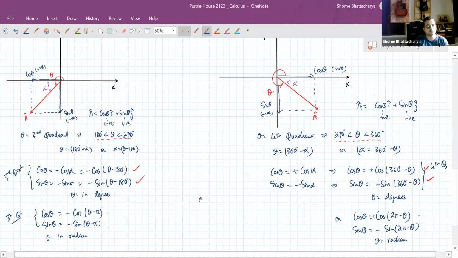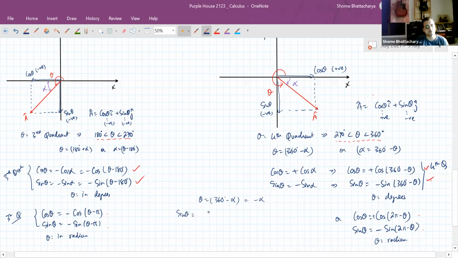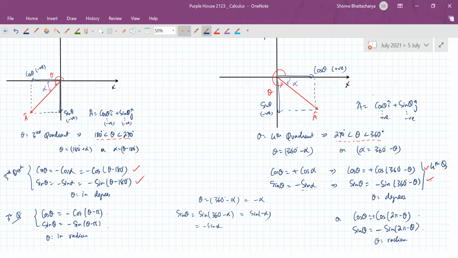This theta which we are writing as 360 minus alpha can also be written as minus alpha. You getting my point, beta? Yes. So sine theta is the same thing as sine of 360 minus alpha, which is the same thing as sine of minus alpha. Now see, according to this formula, what is sine of 360 minus alpha? It is minus sine alpha. And that is why sine of minus alpha is minus sine alpha.